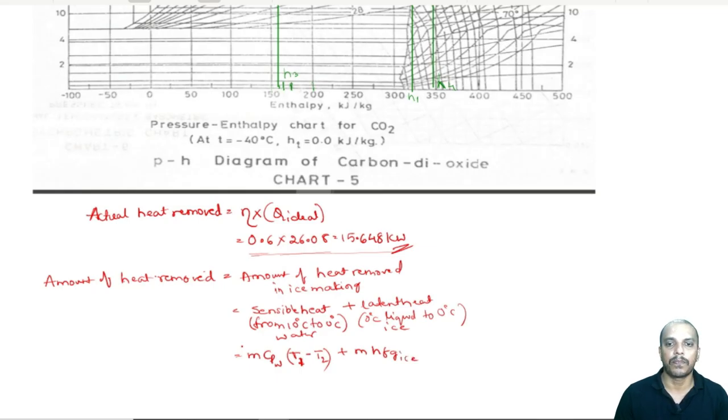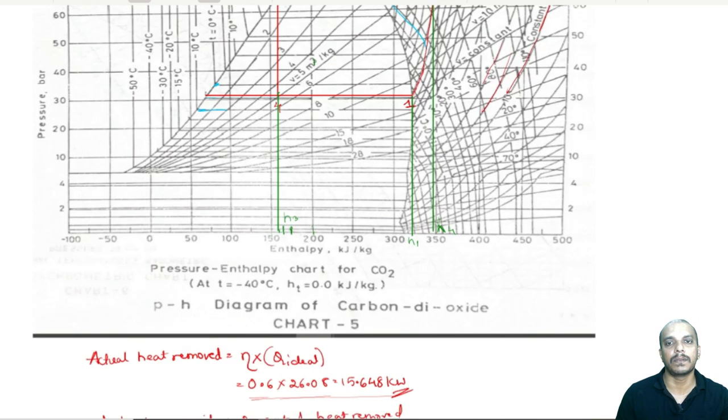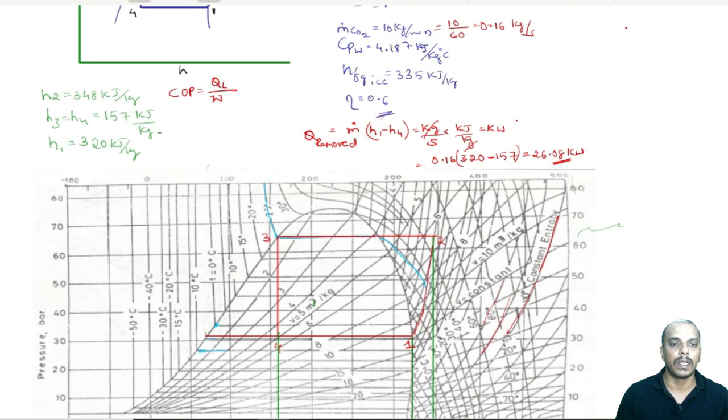Now mass can be taken out common, and Cp of water is 4.187, and this T1 minus T2 is 10 minus 0, plus the HFG of ice, which has been given as 335 kilojoule per kg.